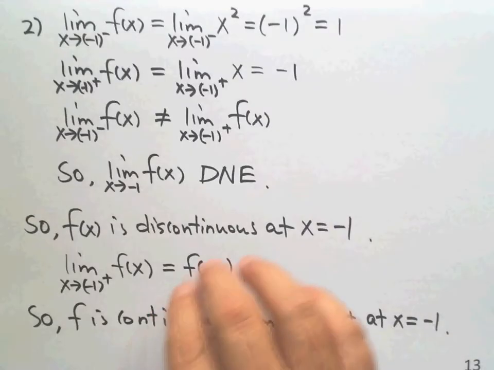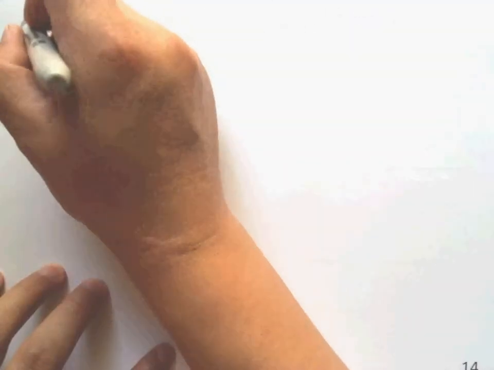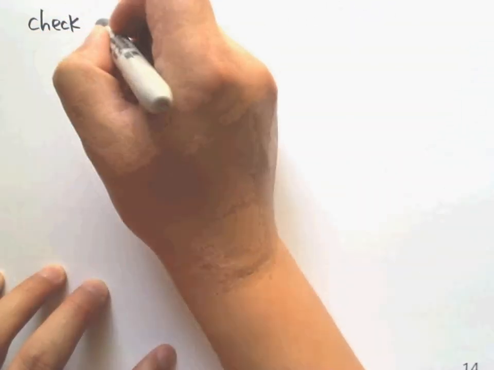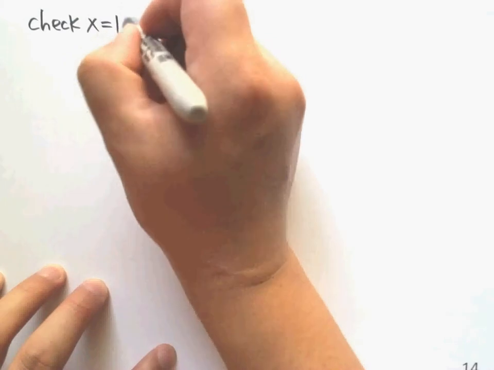Now we follow the same way to check x equals 1. We need to check the three conditions: 1, 2, and 3.